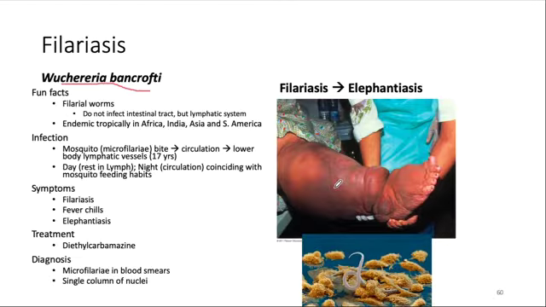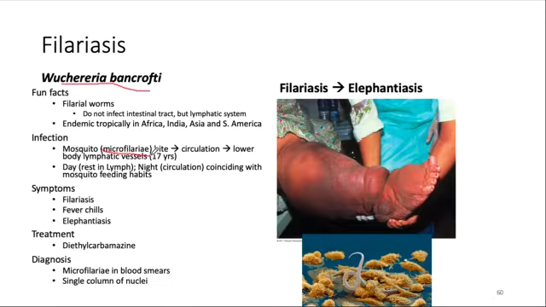It's endemic in Africa, India, Asia, and South America. The worms are transmitted by mosquito. The mosquito picks up the microfilaria, the stage of the filaria worm, and once it bites someone, it gets into the circulatory system and eventually into the lymphatic vessels.